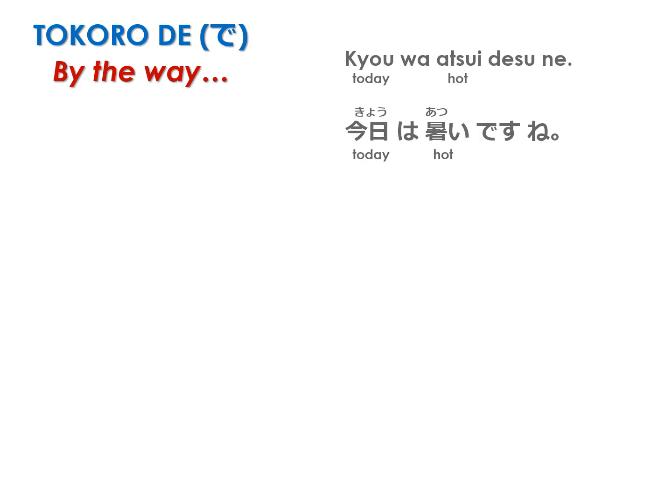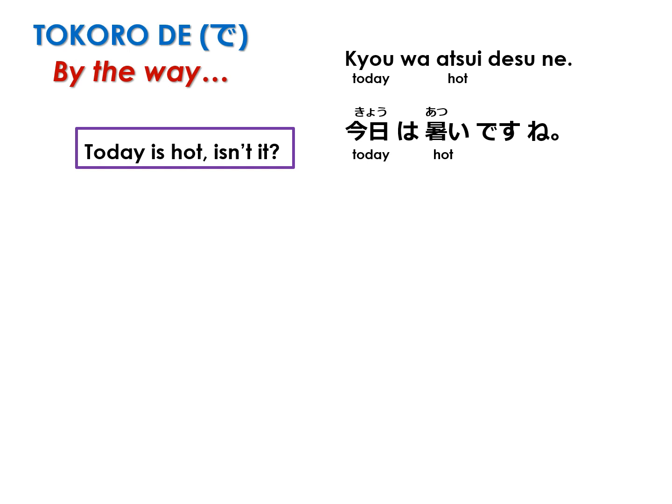Now, tokoro de by itself means by the way. It warns the listener that a new topic is about to be said by the speaker. So for example, 今日は暑いですね. It's hot today, isn't it? And then the other person agrees.